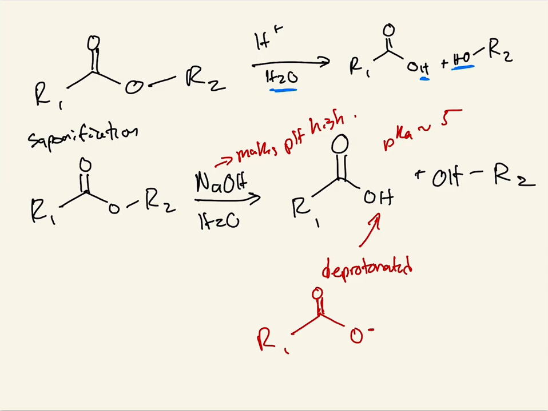Right, and if you remember when we made soap, the soap was basically just a fatty acid salt, right? That's how we classified it. It was just fatty acid salt because we did this, and then this coordinated with maybe a sodium ion or something. And this is what made soap if R1 is equal to fatty acid, which we'll talk about in a second.